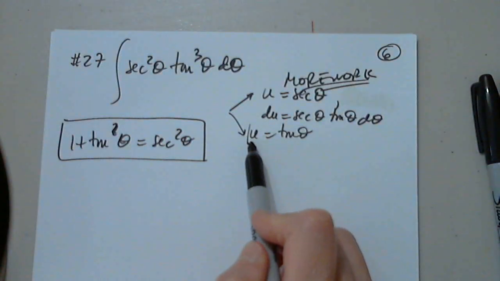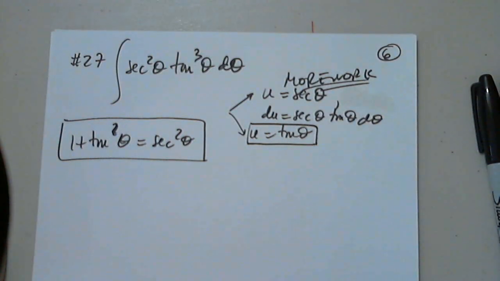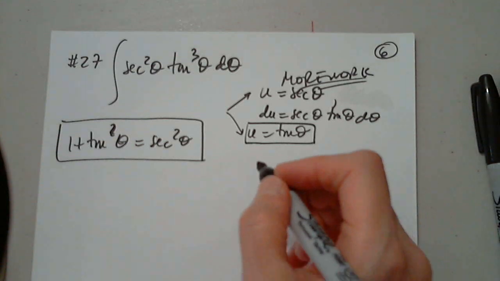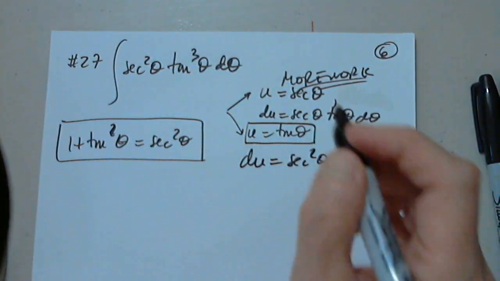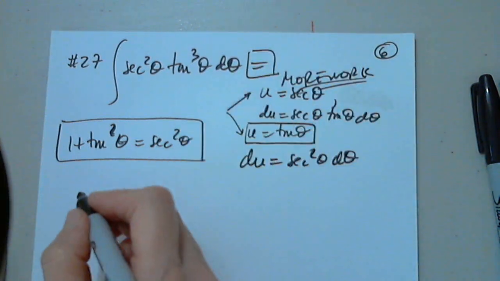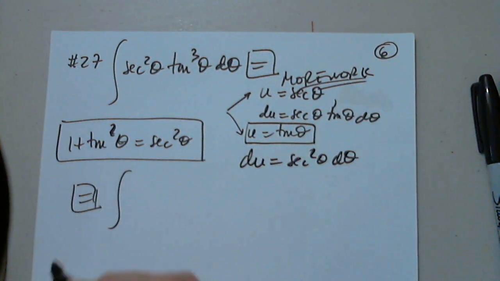Let's try the other one. du equals secant squared theta d theta. And now this is very clear what I have to write.